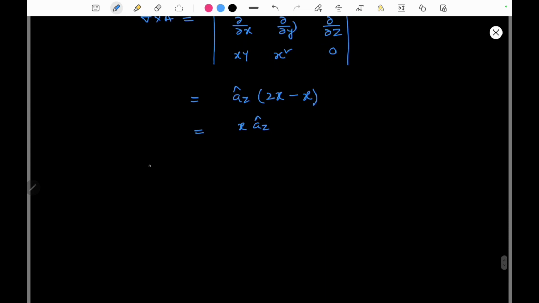Okay, so now again we can write like that: closed integration A vector dot dl vector equal to double integration del cross A vector dot ds vector, n cap ds vector mod n cap.